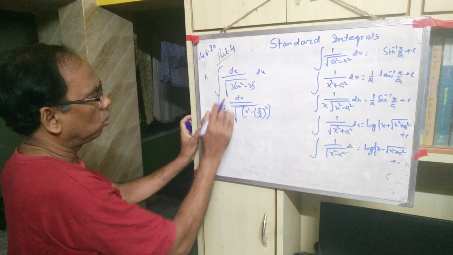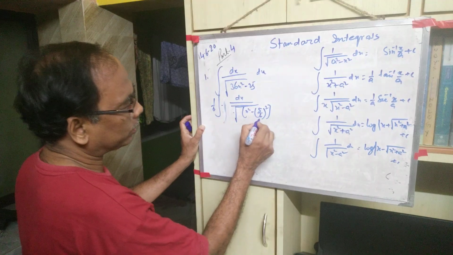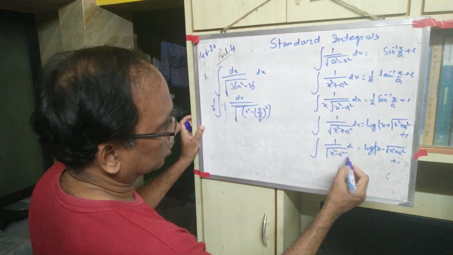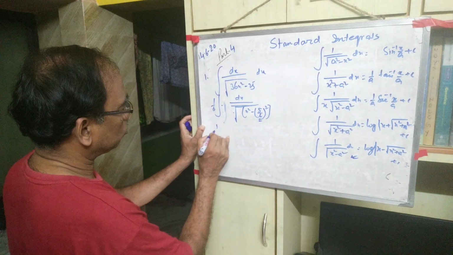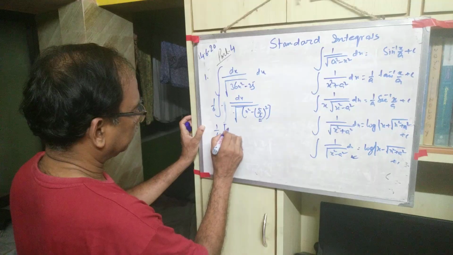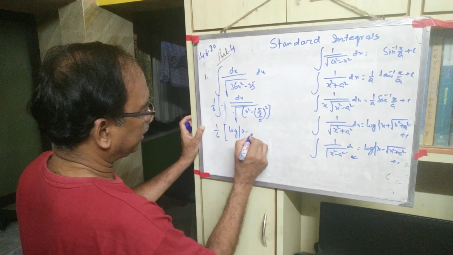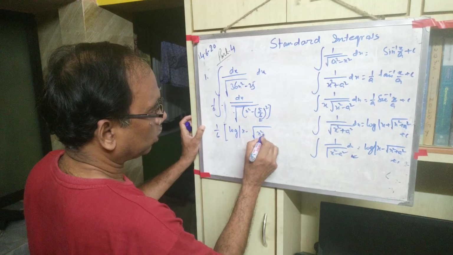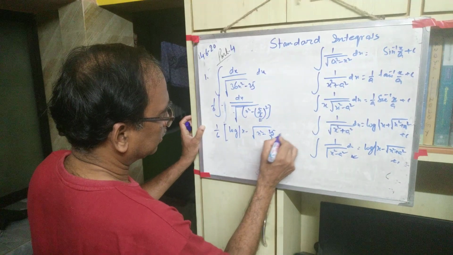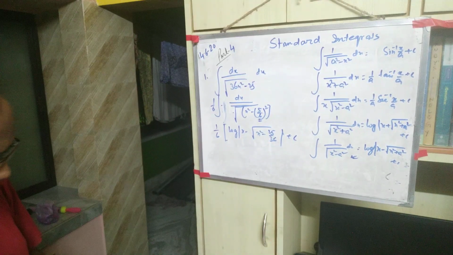Now look, 1 by 6 outside of dx over root over x square minus a square, with this formula, that is 1 by 6 log of mod x minus root over x square minus a square, means this 25 by 36, plus c, where c is the arbitrary constant.